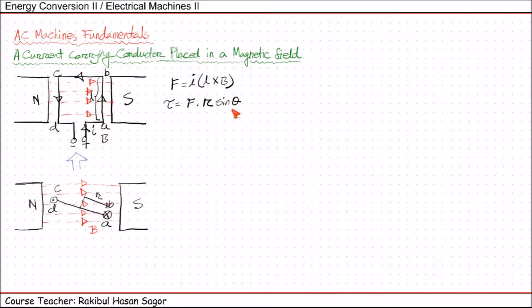Theta is the angle between the vector r and vector F.